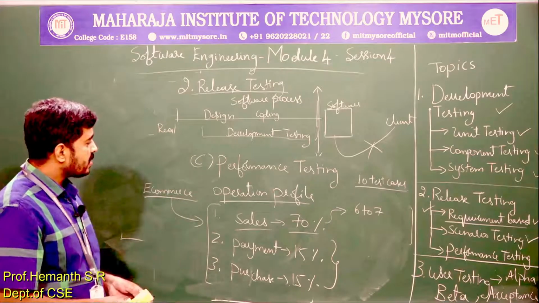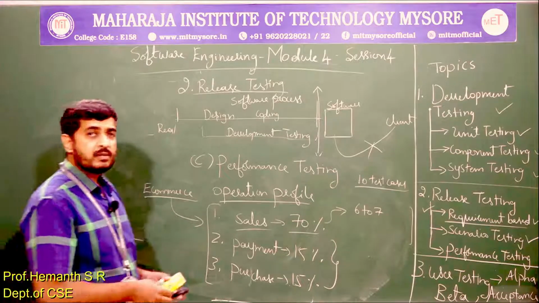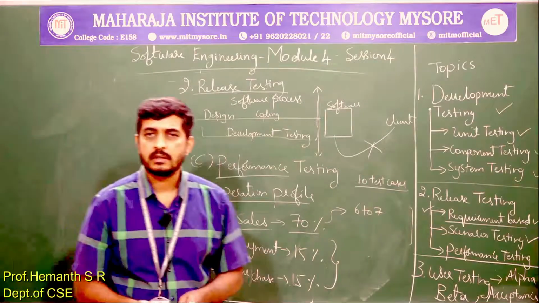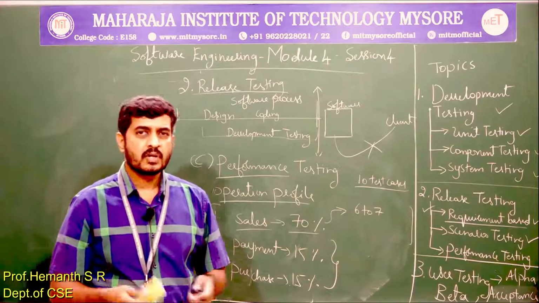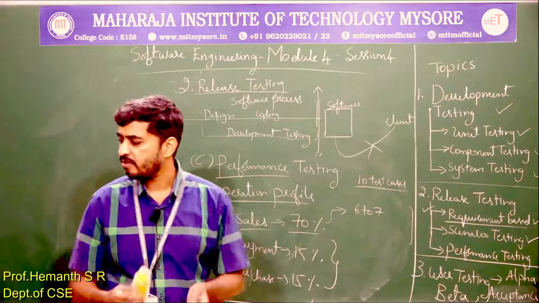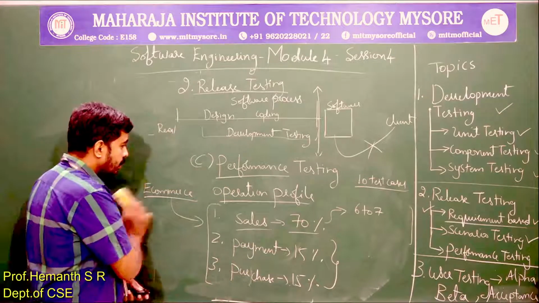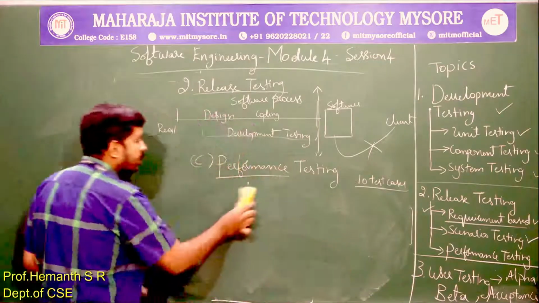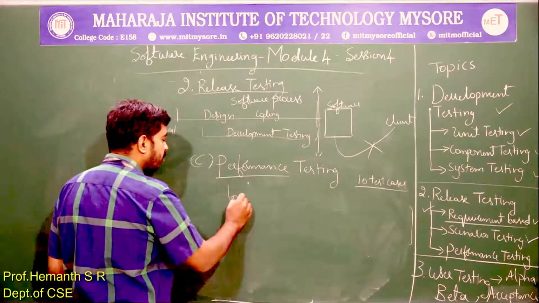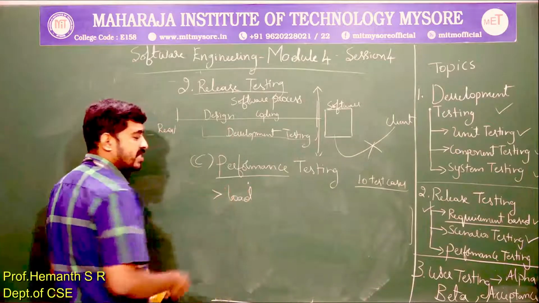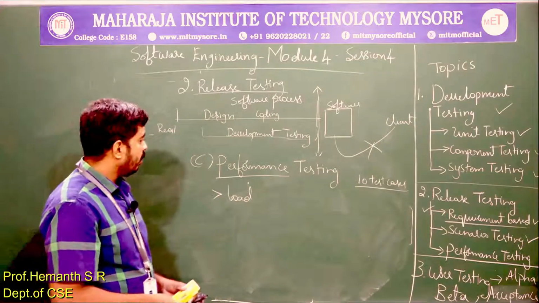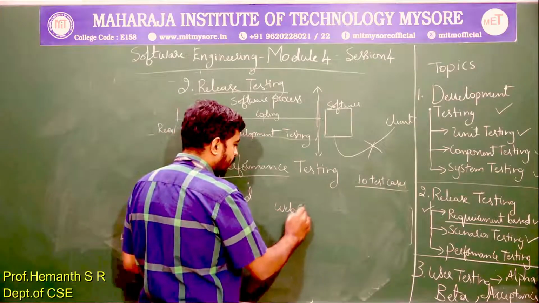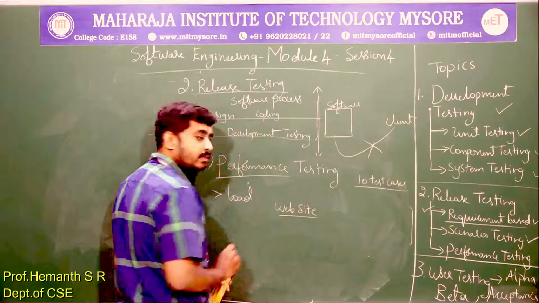So now in performance testing, as already mentioned, we need to check the performance of the software under various conditions. Okay, how it behaves. So under what conditions you are verifying it. We will load the software to the maximum limit. For example, we will assume the software is a website.